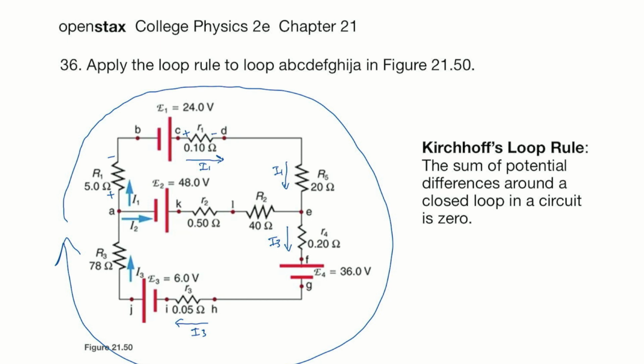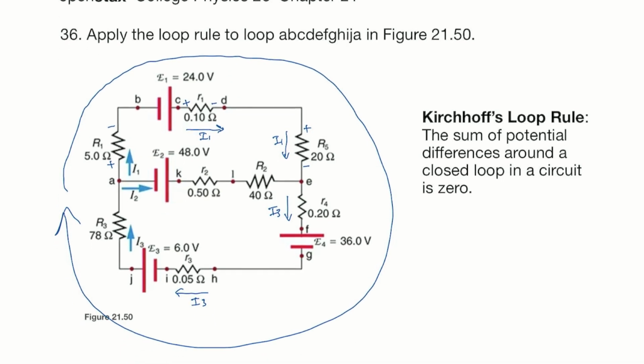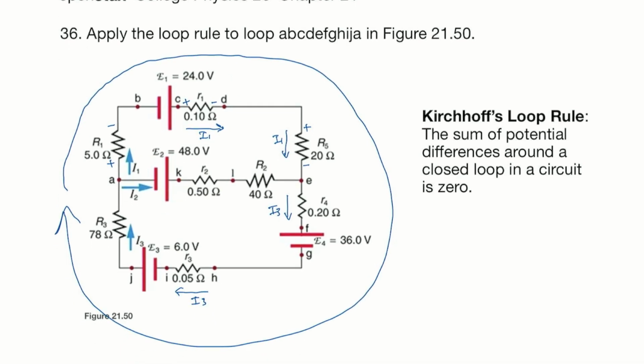The next resistor is R5. At the top of the resistor, it is plus. At the bottom of the resistor, it is minus. Okay. Internal resistor r4. Current enters at the top, that's plus. Exit at the bottom, that's minus.